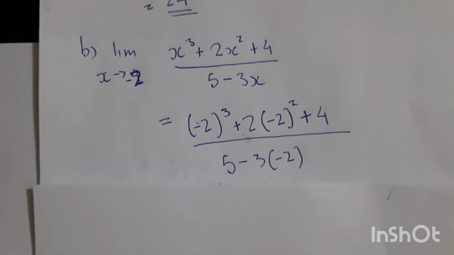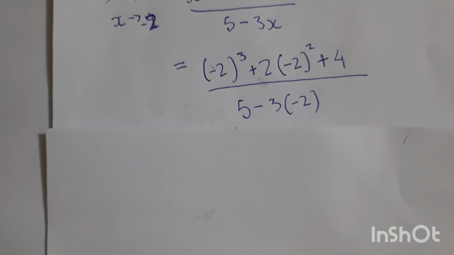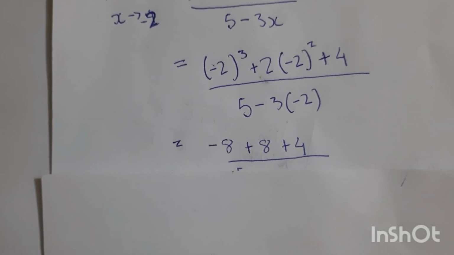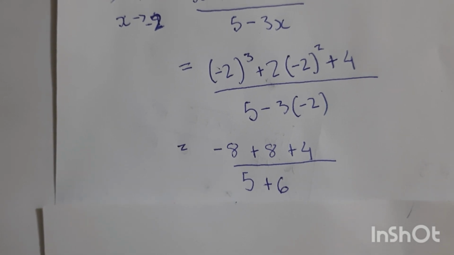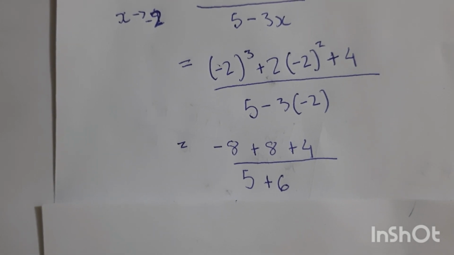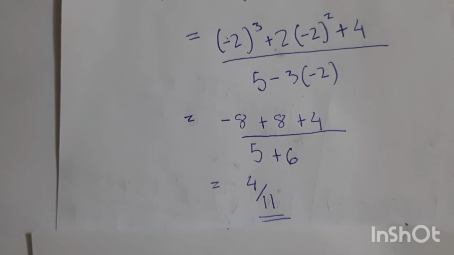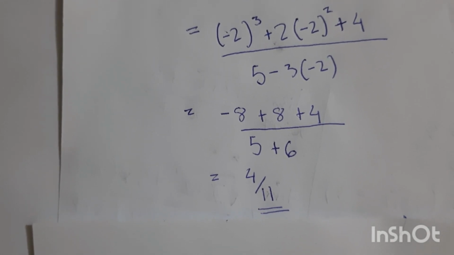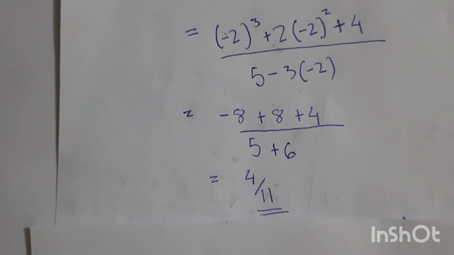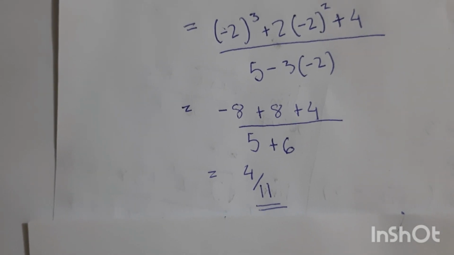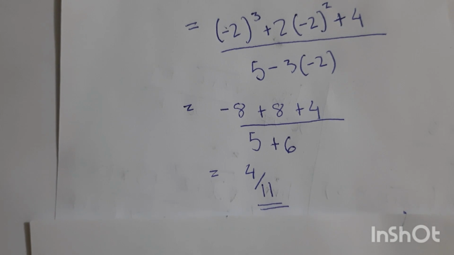So when we multiply accordingly and respectively, we get -8 plus 8 minus 4 in the numerator and 5 plus 6 in the denominator. And then when we do the respective addition and subtraction, we get 4 over 11. And 4 over 11 is the answer to B.